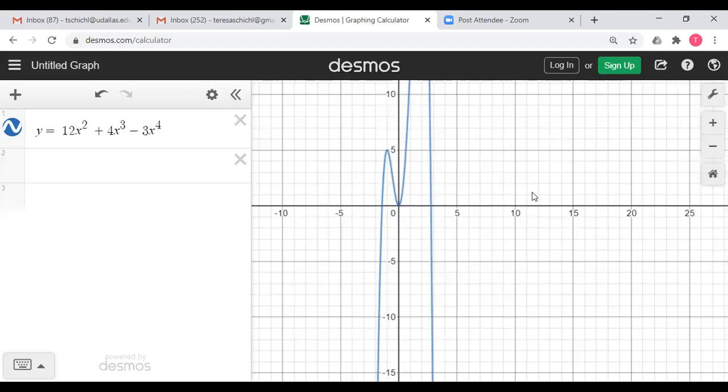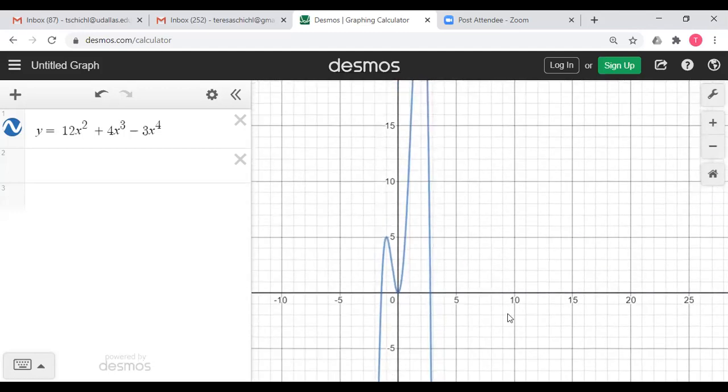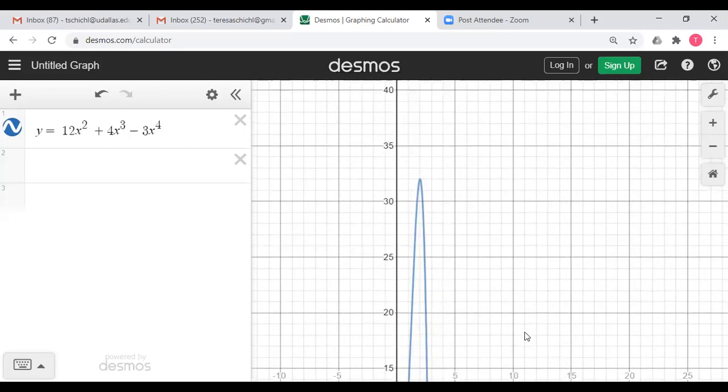Now let's look at the range. The y value goes to negative infinity, but the y value has a top, which is 32. So the range is from negative infinity to 32.